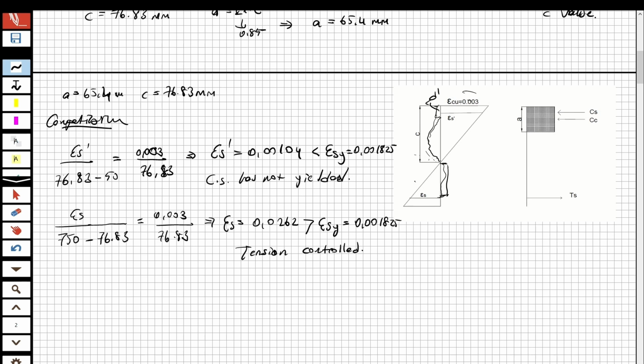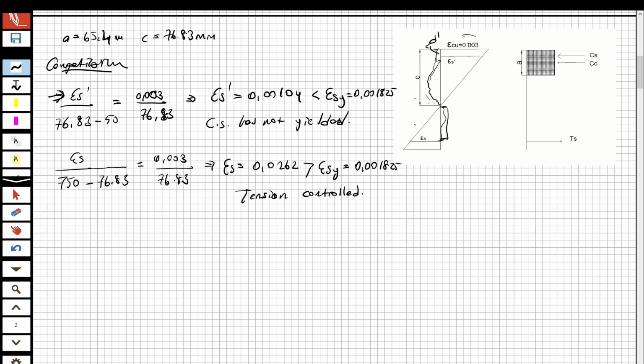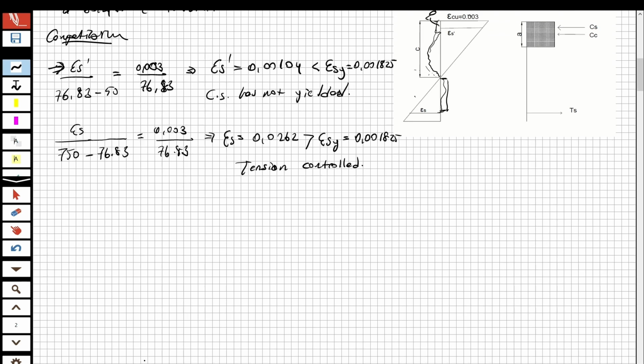So before we try to find the moments, we need to find the stress inside the top steel. We have to determine the stress of that. Now we have the strain. So when we multiply it with the modulus of elasticity of steel, we are going to obtain the stress inside the steel. Look here.